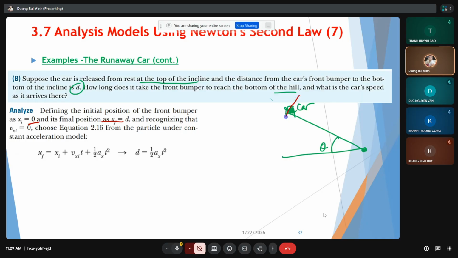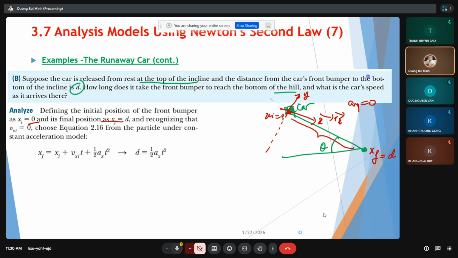So you can get the axes like this. This is y, this is x, this is the origin, and ay is 0. Do you read me?